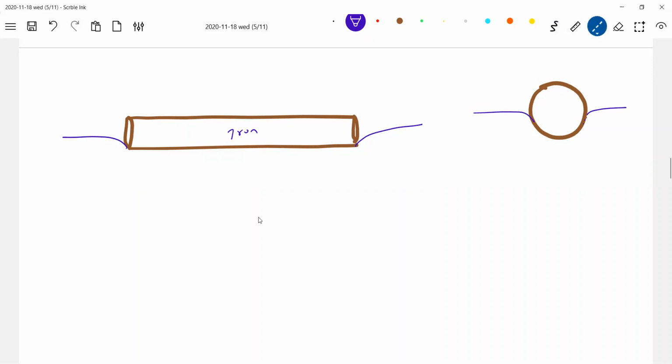There's a radius. We'll take it as R. Everything here is mercury. That's a plane diagram, and that's a 3D diagram. Now, what is the maximum diameter of this iron wire so that it can float on the mercury?